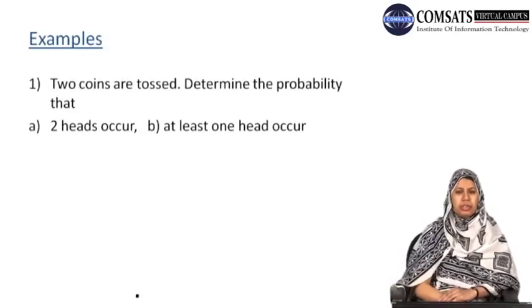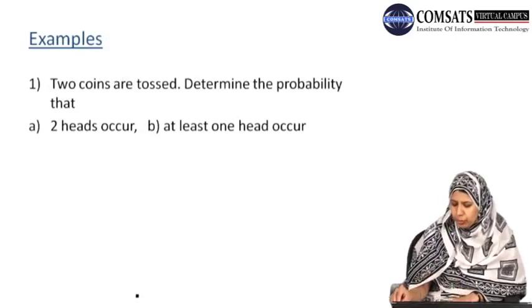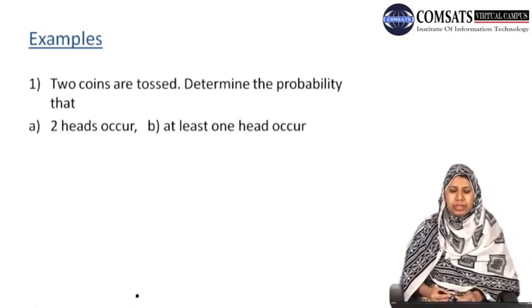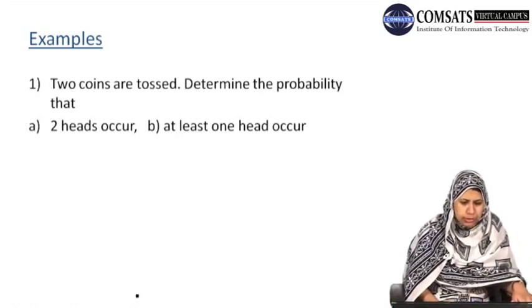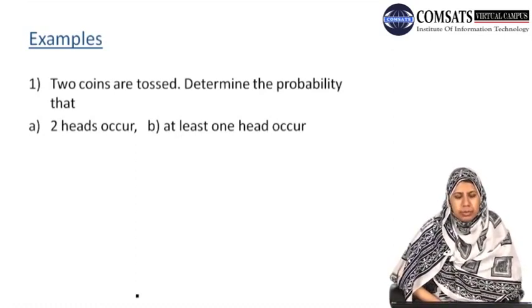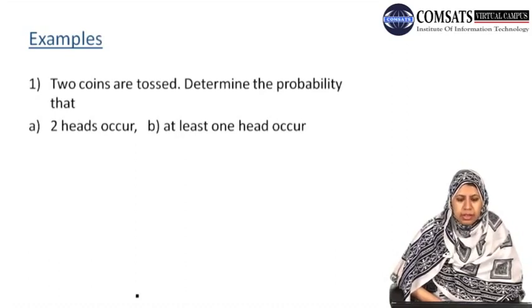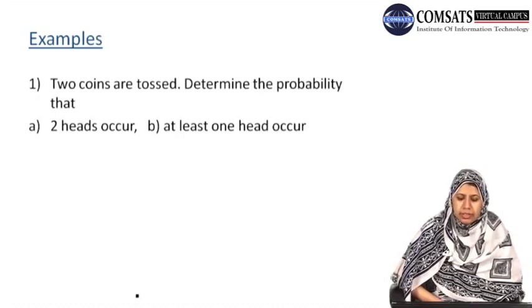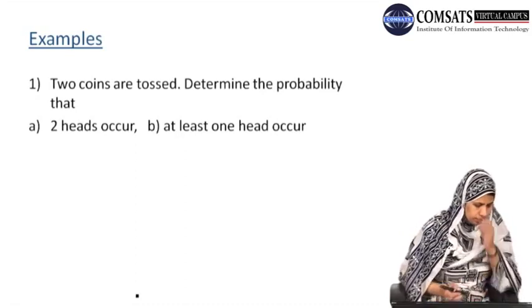We consider a few more examples to understand clearly what we mean by the probability of an event. Suppose two coins are tossed and we are asked to determine the probability of the first event, that is when two heads occur, and the second event, that is at least one head occurs.